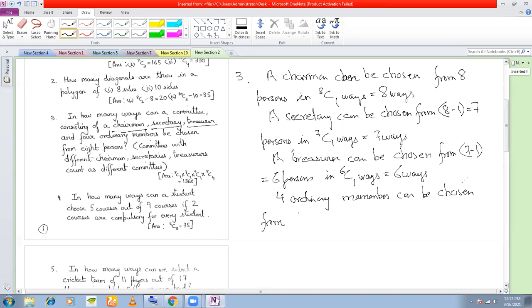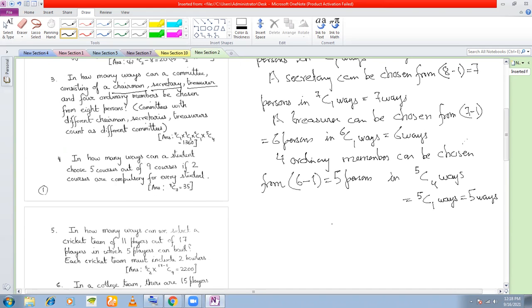There are 5 persons, right? 6 minus 1 equal to 5 persons in 5C4 ways, which is equal to 5C1 ways, right? Because nCr is equal to nC(n minus r), equal to 5 ways.